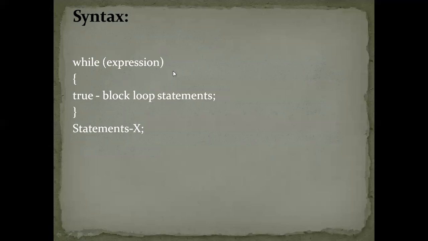If this expression is evaluated to be true, then it executes the true block of loop statements. Else it executes the statement X, that is, the false block of statements.